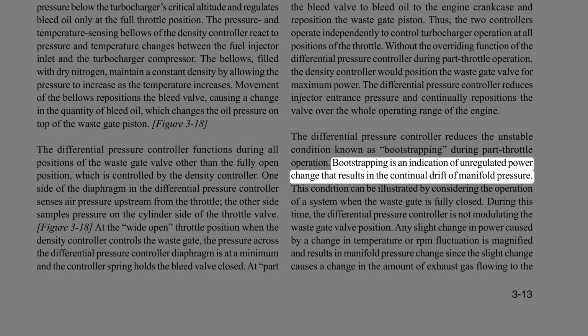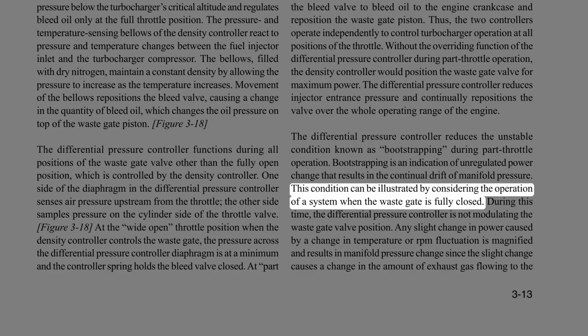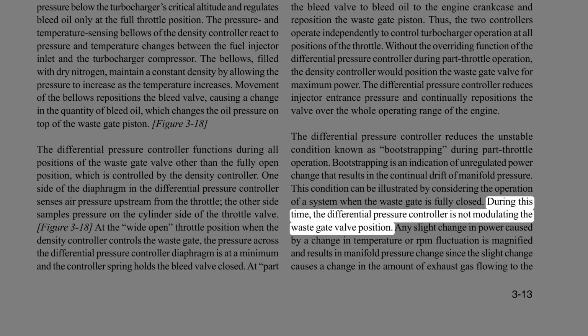Bootstrapping is an indication of unregulated power change that results in the continual drift of manifold pressure. This condition can be illustrated by considering the operation of a system when the wastegate is fully closed. During this time, the differential pressure controller is not modulating the wastegate valve position.